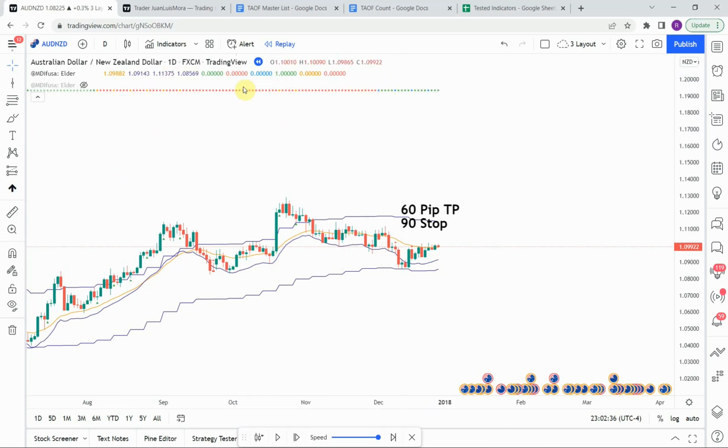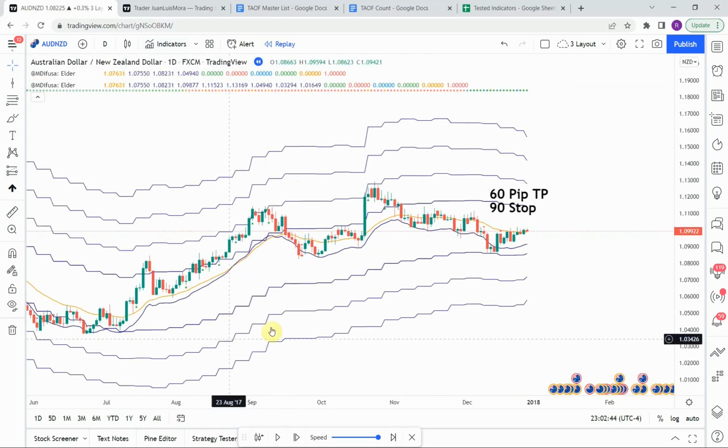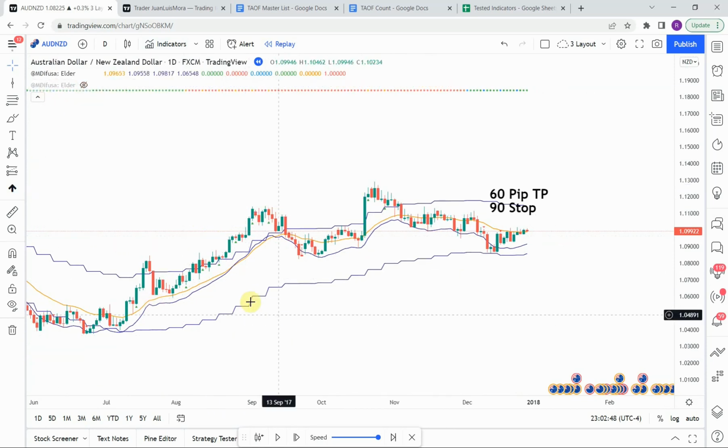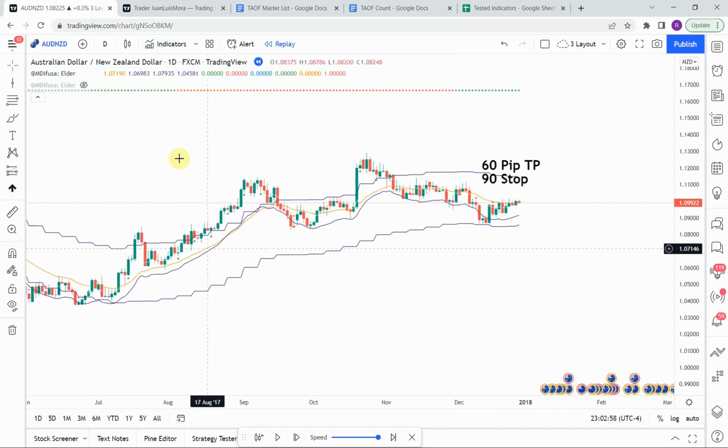We're not going to use those in this particular testing style that we're looking at here. We're also not going to use the rest of the ATR bands, so these bands that you see on screen, I went ahead and turned those off, and I only kept ATR 1 and minus ATR 1. Leaves this right here.